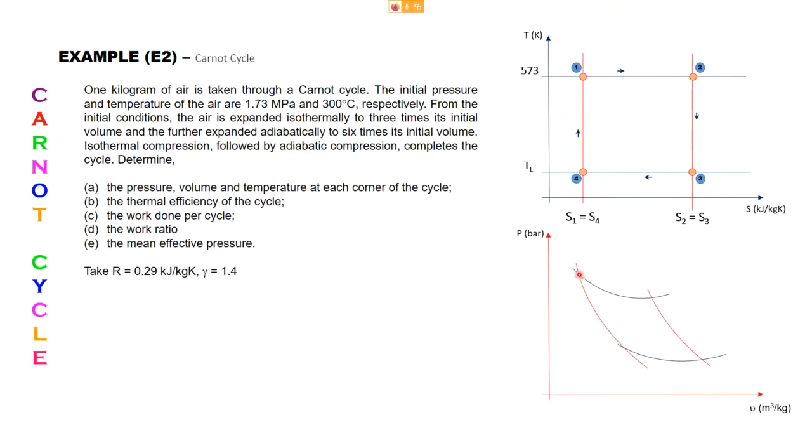This should be your point 1, point 2, 3, and 4, and the pressure at this point is 17.3 bar. So we have 1 to 2, 3, 4, back to 1. So you have both the PV and TS diagrams drawn.